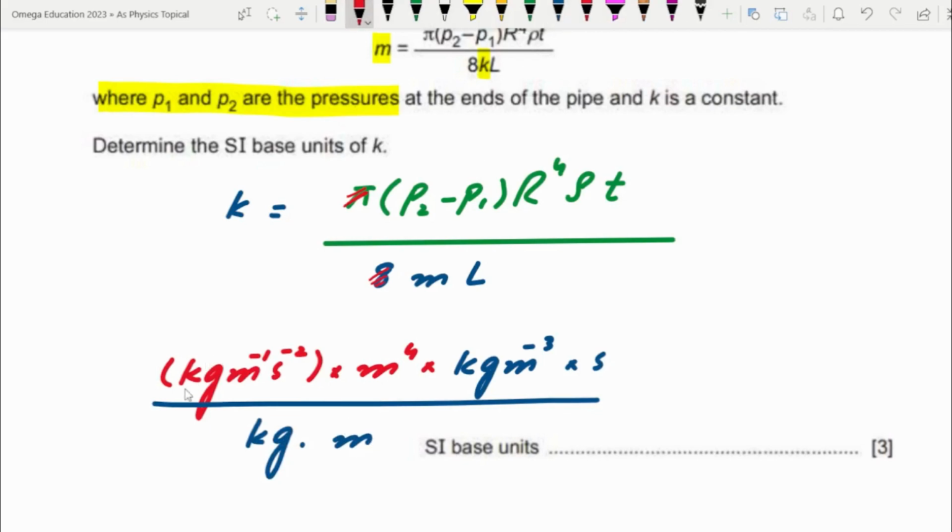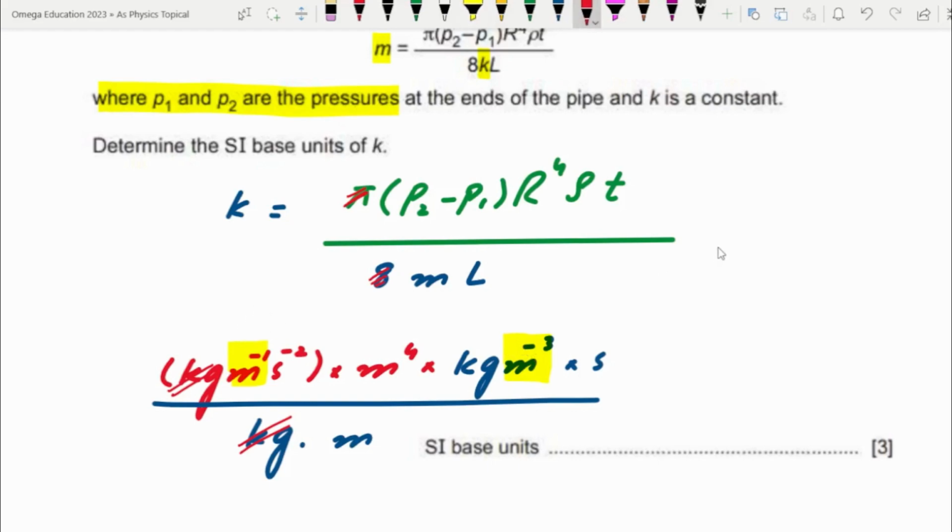Okay, let's do some cancellation here. Kilogram is cancelled away by kilogram, and all the meters would also be cancelled out. You see, if you combine these meters, think about it, m minus 1 and m minus 3, what do you get? You get m minus 4.